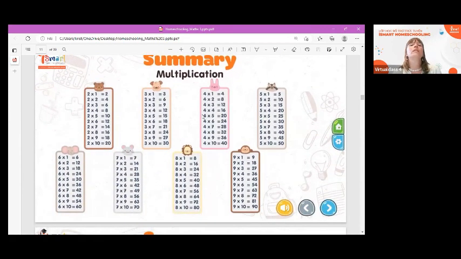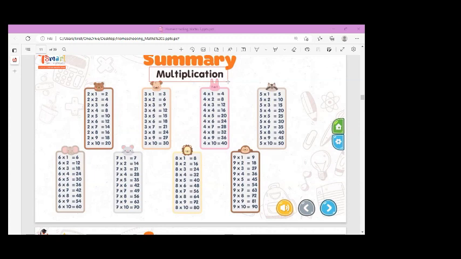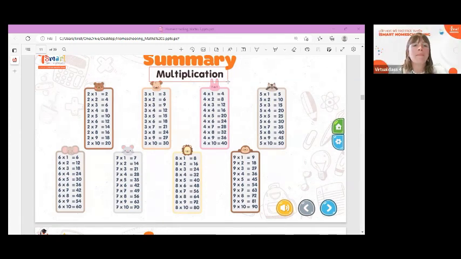Okay, so who would like to read this word for me? Who would like to read this word for me? Bùi Nguyễn Gia Bảo. Multiplication. There we go. Good. So we can multiply by 2, 3, 4, 5, 6, 7, 8, 9, 10.